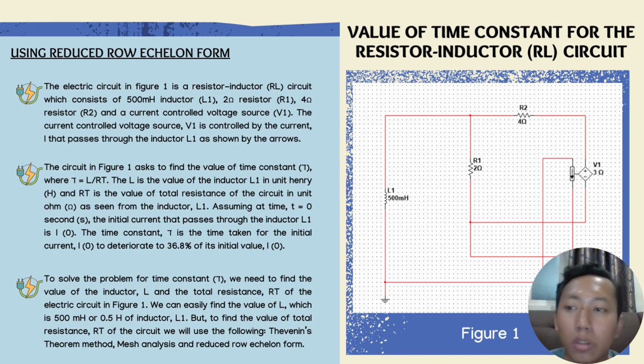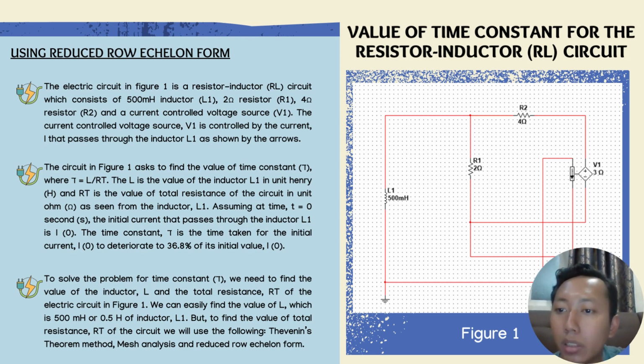To solve the problem for time constant T, we need to find the value of inductor L and the total resistance RT of the electric circuit in figure 1. We can easily find the value of L, which is 500 mH or 0.5 H of inductor L1.